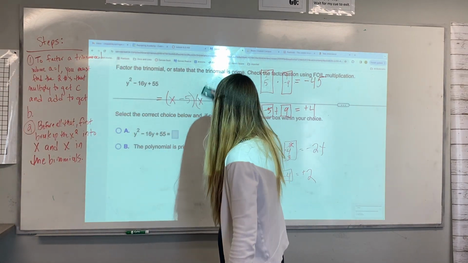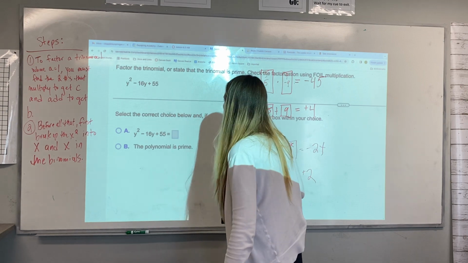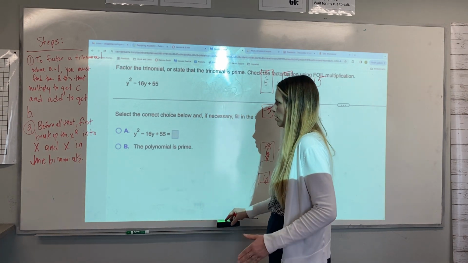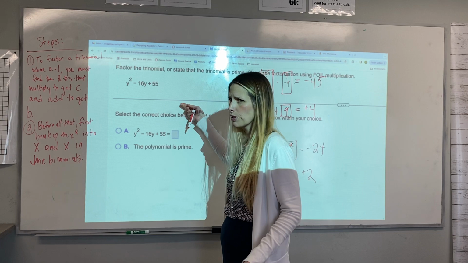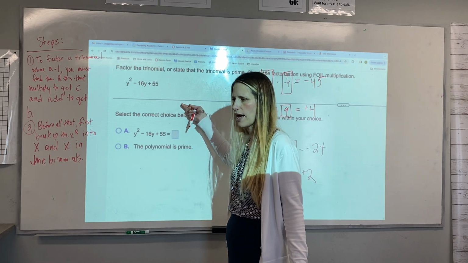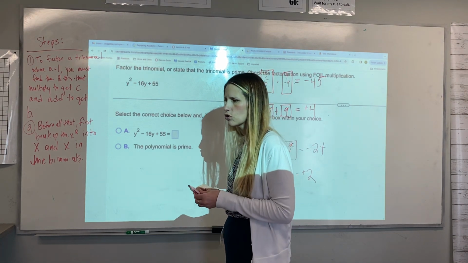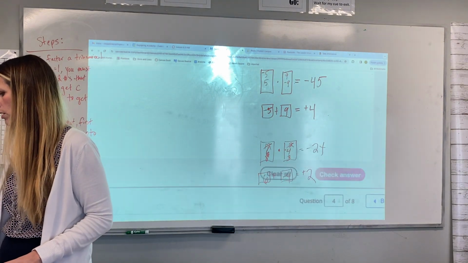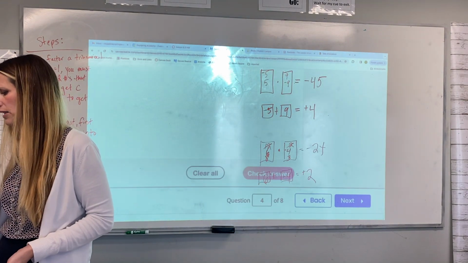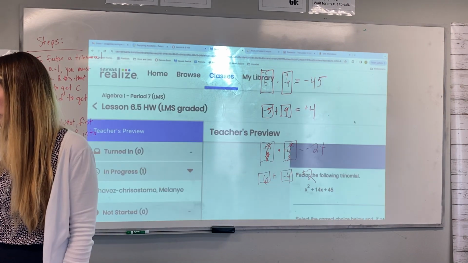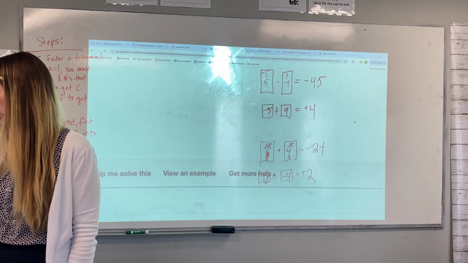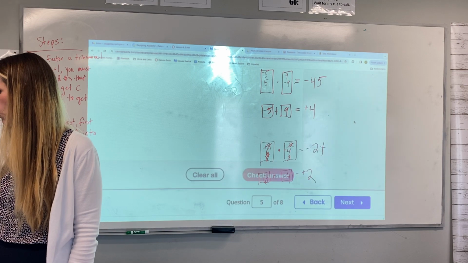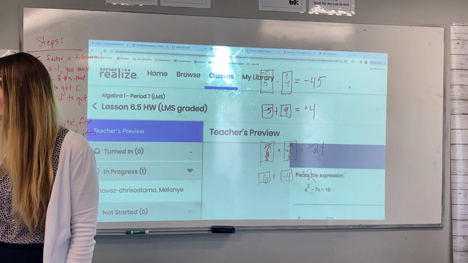Okay, let's try this one. Now, I could do this one for you, but if you have different numbers, what's the point? You guys have your own number. So why don't you guys try to do number 4 on your own since you have different numbers than me. And then we'll reconvene. Try to do numbers 4 and 5 on your own.